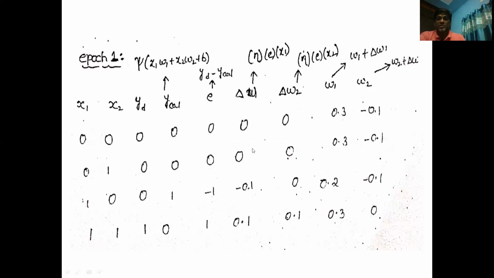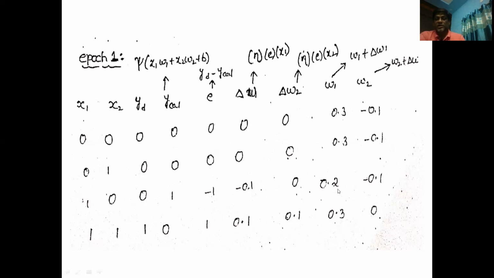So delta W1 becomes eta into error term into x1. Eta is 0.1, error term is 1, x1 is 1. Therefore, it is 0.1. Delta W2 is also calculated as 0.1 into error term 1 into x2 which is 1. Again, it is 0.1.